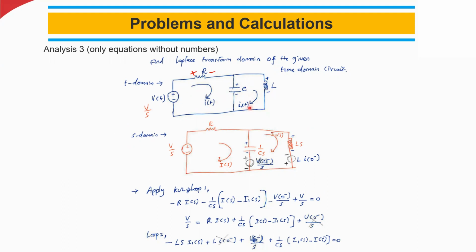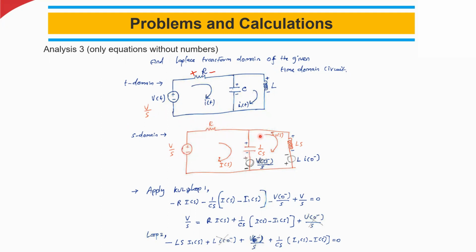Now I have to draw the same circuit in the S domain, which is very easy. I just have to add the initial sources for the capacitor and inductor. This is the voltage source. V of t becomes capital V divided by S. R stays as it is, R, and the polarity is the same, plus minus, as the source voltage.